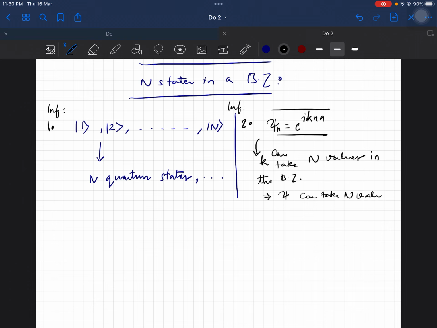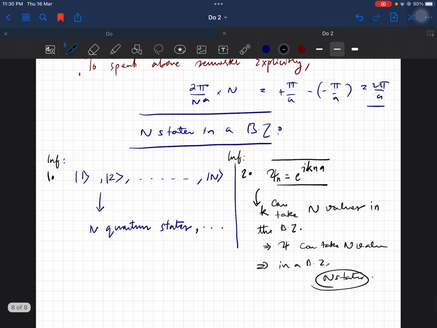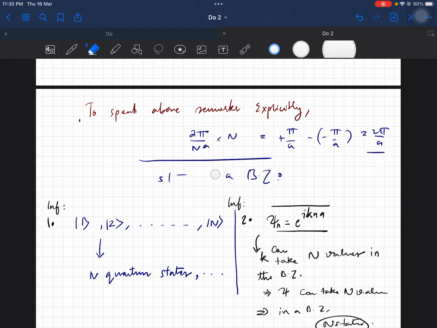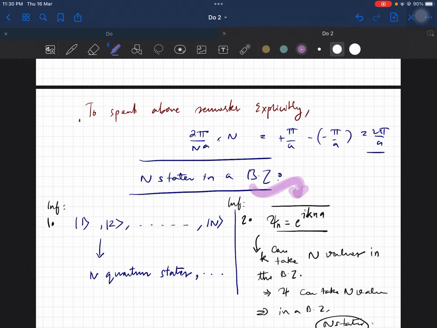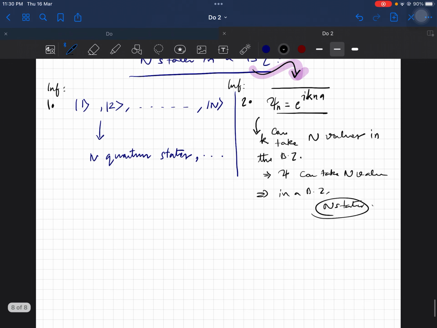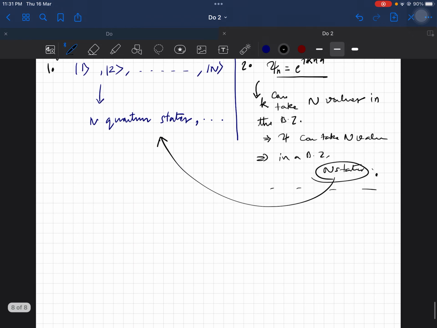Psi can take n values, which implies in a Brillouin zone n quantum states. So that's what this proof tells us.